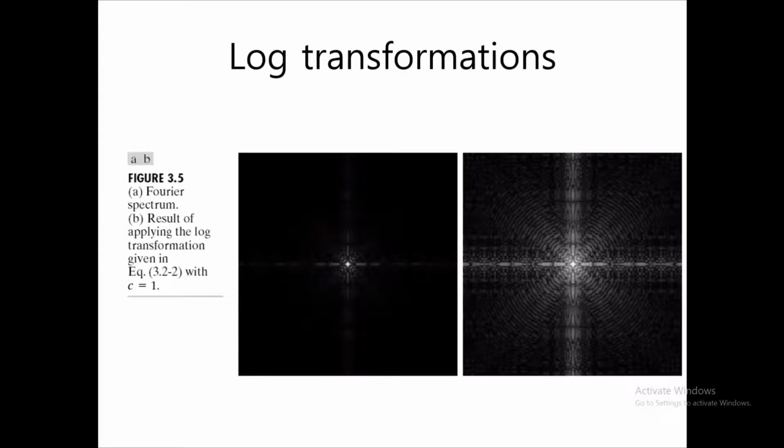So this transformation is useful for enhancing the details in the darker regions of the image at the expense of the detail in the brighter regions. If the dynamic range of the image is very large, then only a few pixels will be visible, and this transformation compresses the dynamic range of the image.